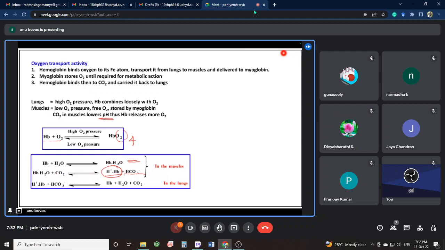The basic things you already know, what hemoglobin is carrying, myoglobin is storing, and only the mechanism will be a little new for you, where it is actually binding with water, not with carbon dioxide, forming hemoglobinic acid, and then the carbon dioxide is exhaled after reaching the lungs.